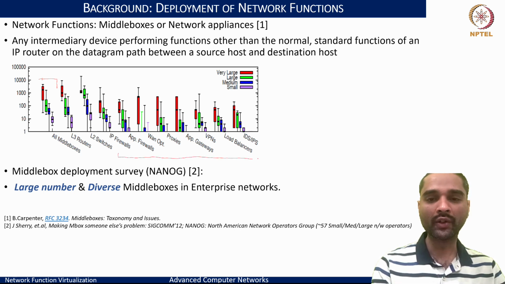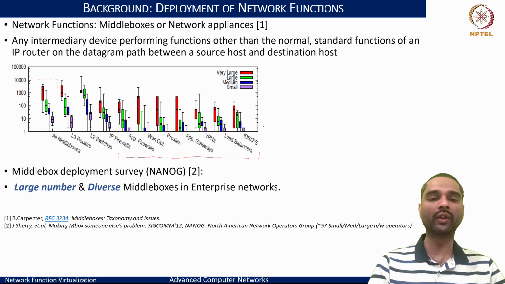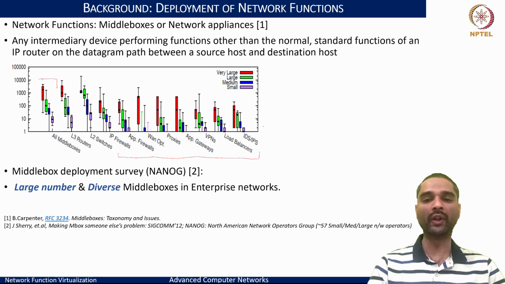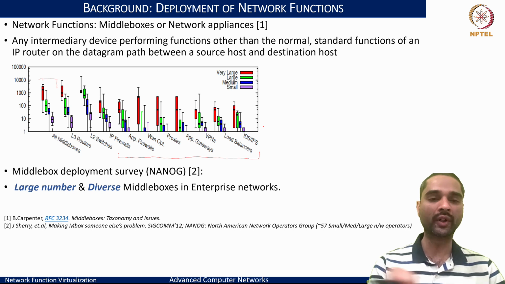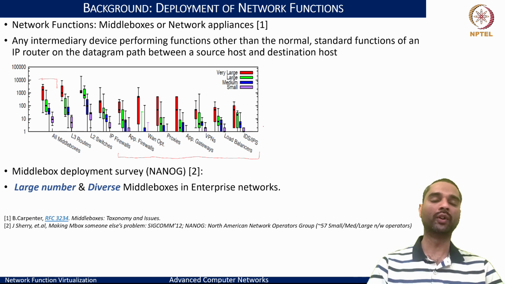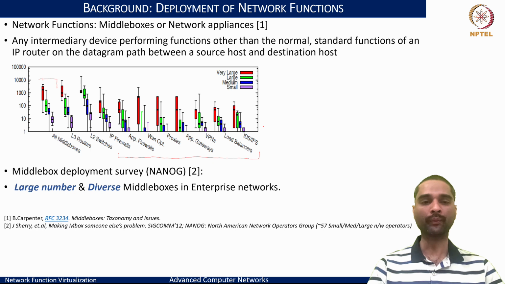So we are seeing the list of middle boxes as examples here, starting with IP firewalls, application firewalls, WAN optimizers, proxies, application gateways, VPNs, load balancers, IDS, IPS, etc. And they have been deployed in a variety of kinds. That's the variety that we are trying to show here. And it's a small fraction of numbers that are significant in a given network operator's domain.